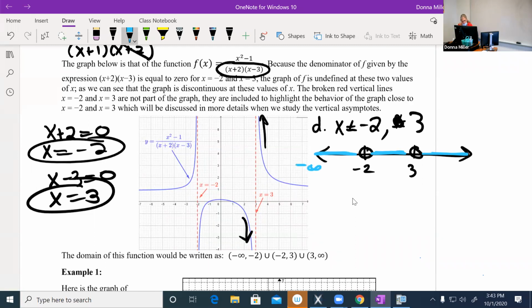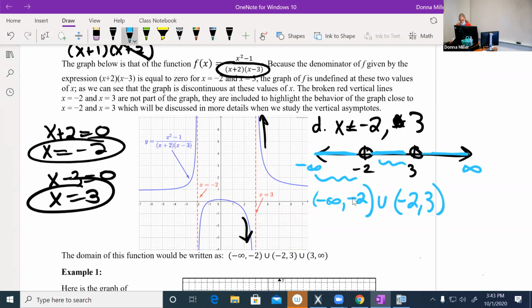So this is negative infinity, and this is infinity. The first interval is from negative infinity to -2. And I use a round bracket because I'm not including -2. This is a little union in between. The second interval is from -2 to 3. That's this piece.